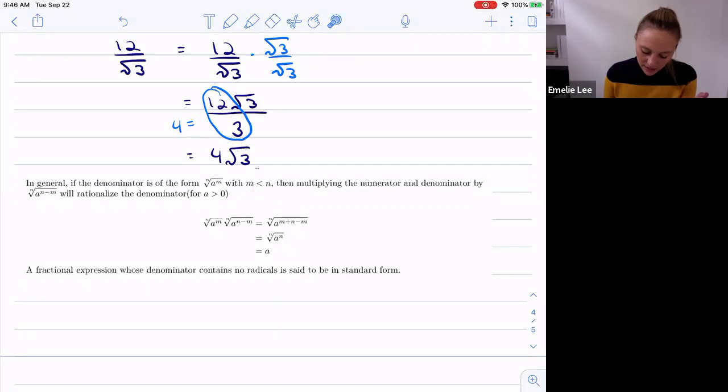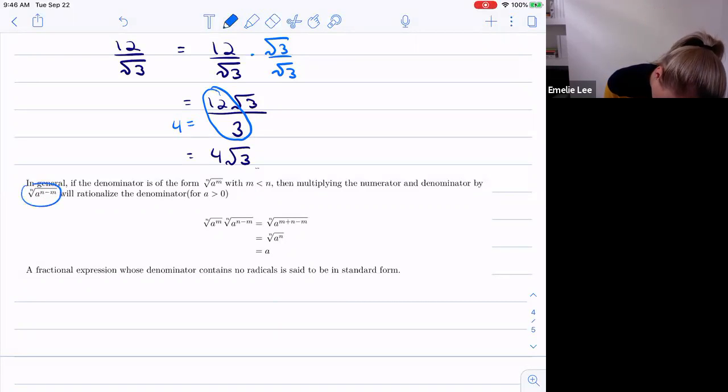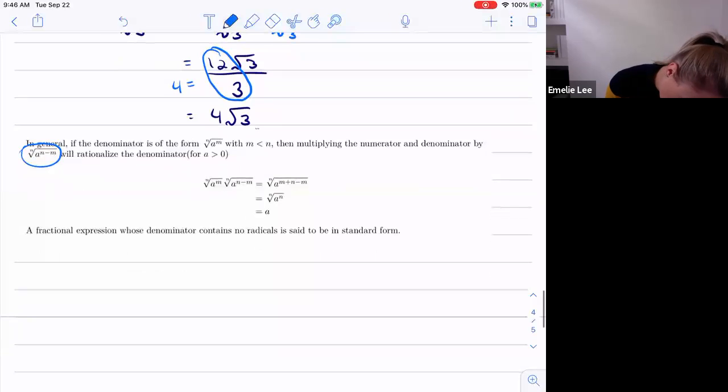Then we multiply the numerator and denominator, so our convenient value of 1 is going to be the nth root of a to the n minus m over the nth root of a to the n minus m.